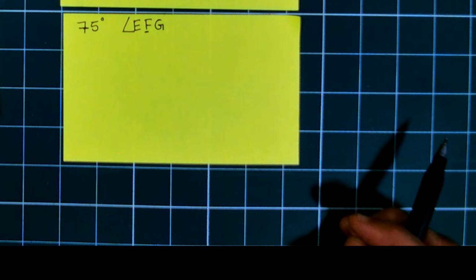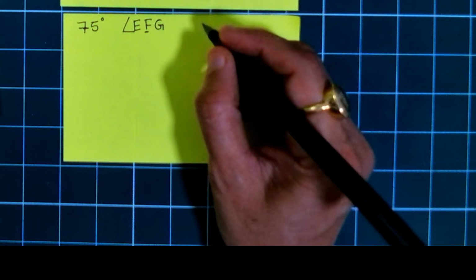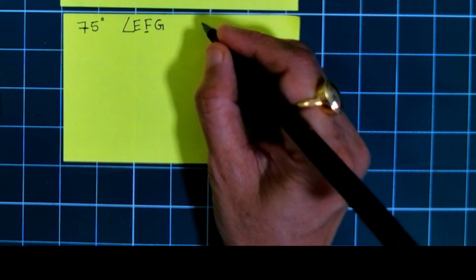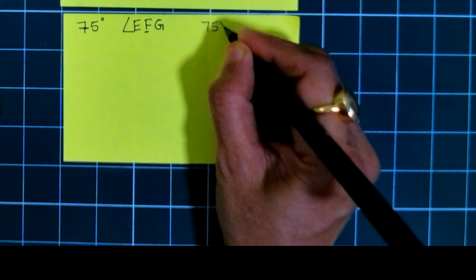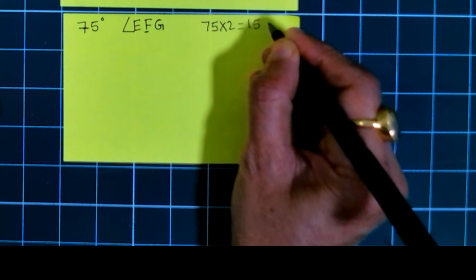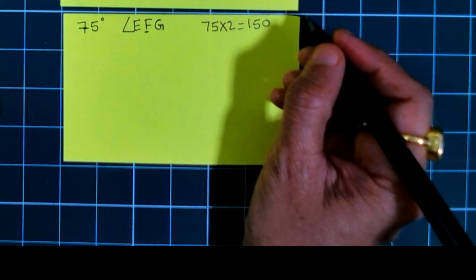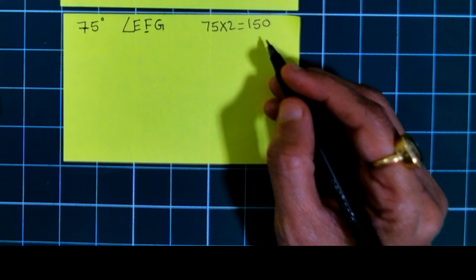Now the question arises, what we have to bisect for 75? An easy trick I'll teach you, double 75. So on doubling 75, 75 into 2, that is 150. Correct, students? And now to construct, divide 150 in such a way that those two angles you know how to draw.